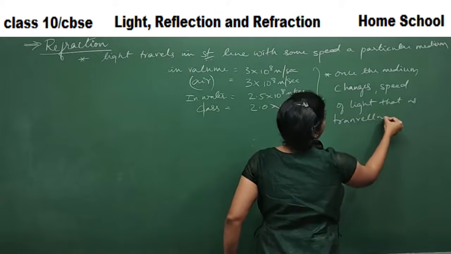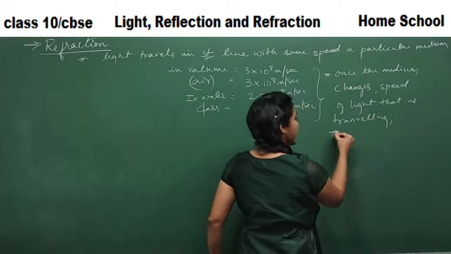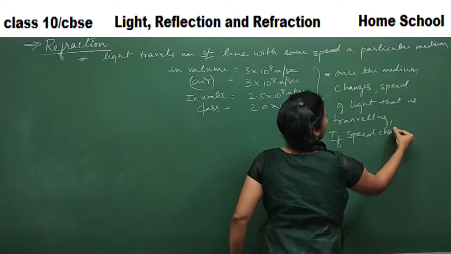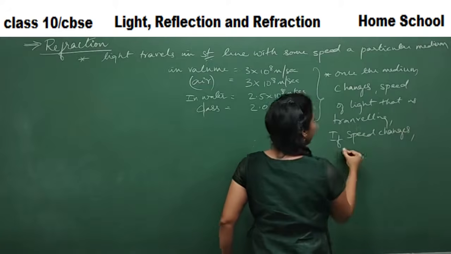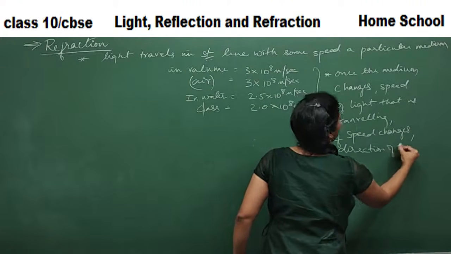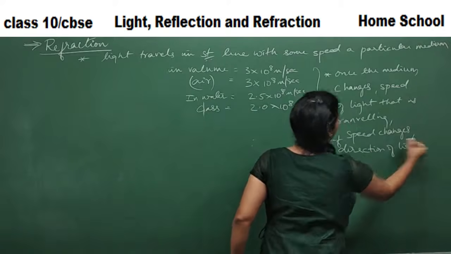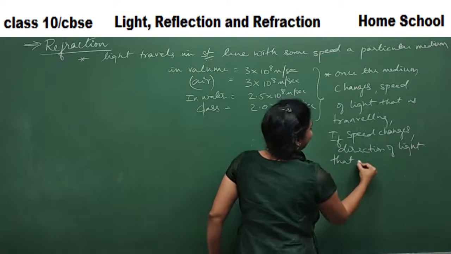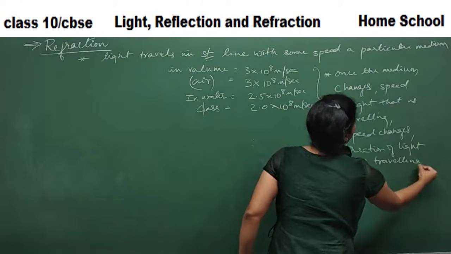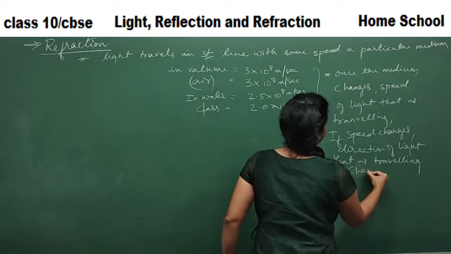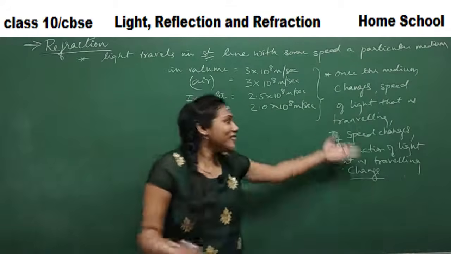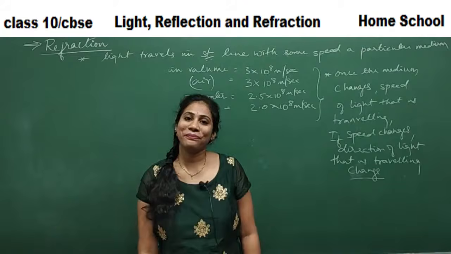Yes or no? Changes. If speed changes, what happens, guys? The direction of light that is traveling also changes. So this point is very, very important to understand. If you could understand this point, actually this itself is refraction.